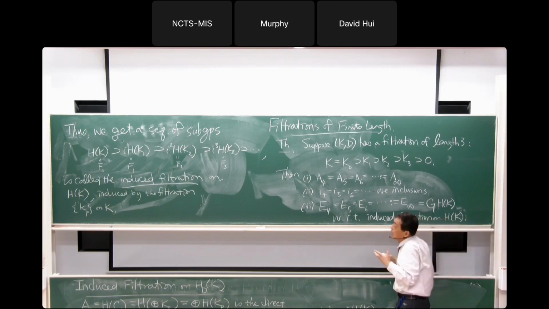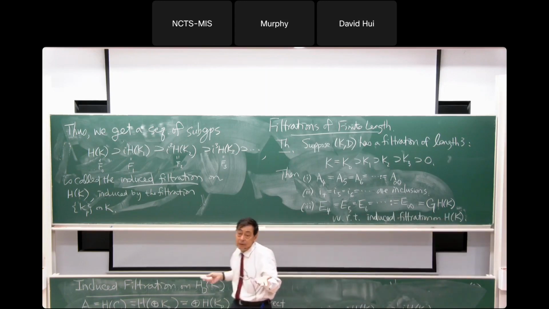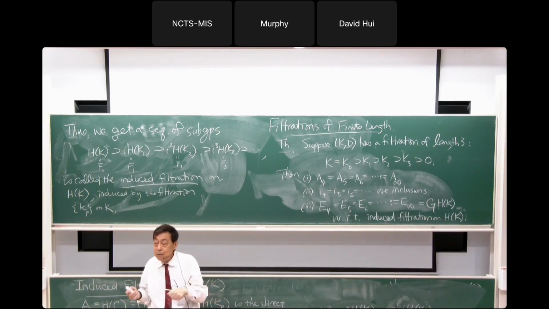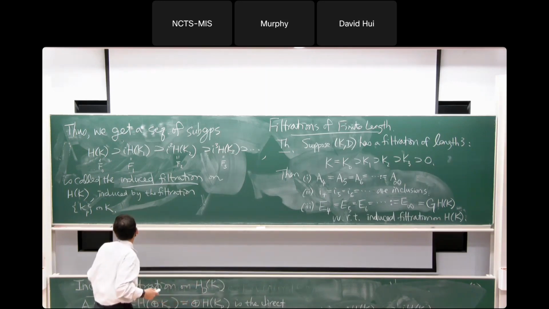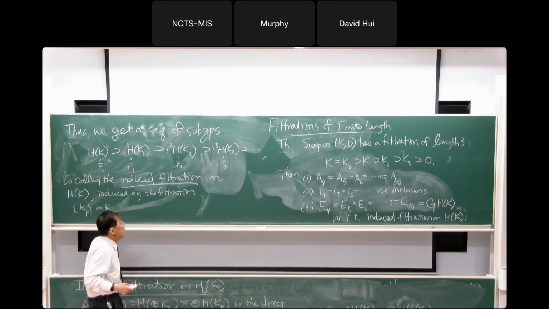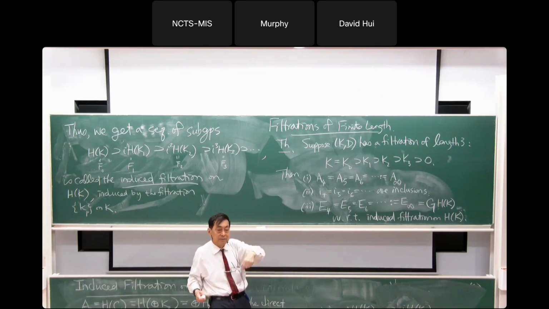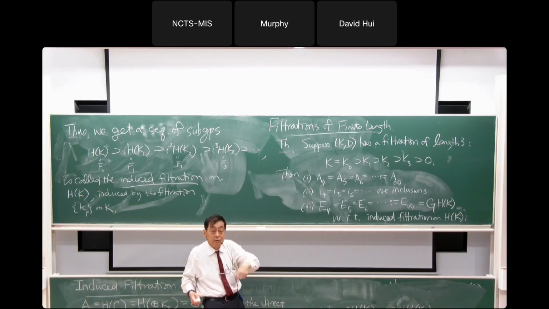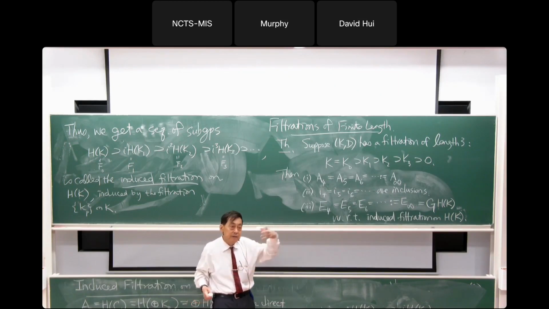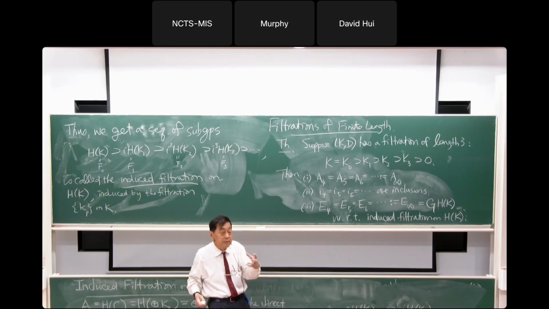As I said, a spectral sequence is like a book with many pages. The first page is A1, the second page is A2, and so on. When you turn the pages, each page is the cohomology of the previous page.